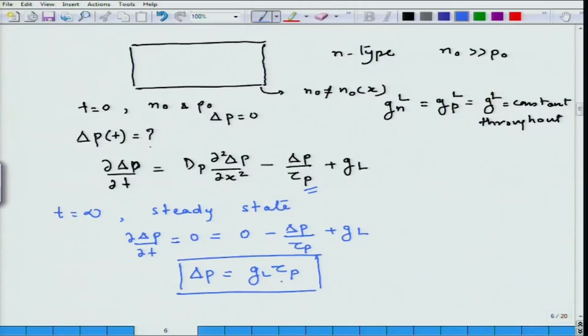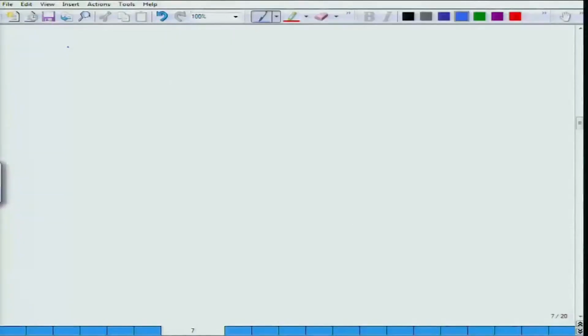Now, if this is happening at steady state, what is happening in between? So, what is happening from t equal to 0 to t equal to infinity? Obviously, we have gone from excess carrier being 0 to excess carrier being a steady state value. So, we need to look at what is the transient phase. If we look at the transient phase, then again we write the same equation and see how we will solve it for the initial and final condition.